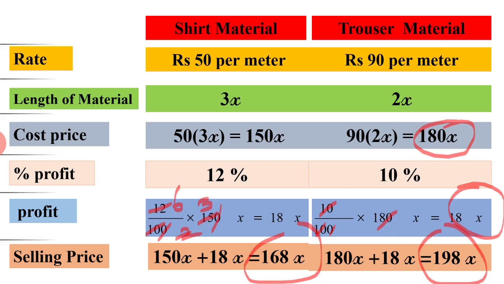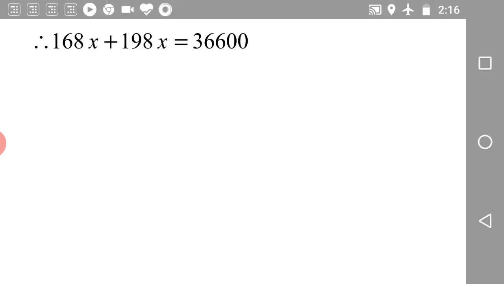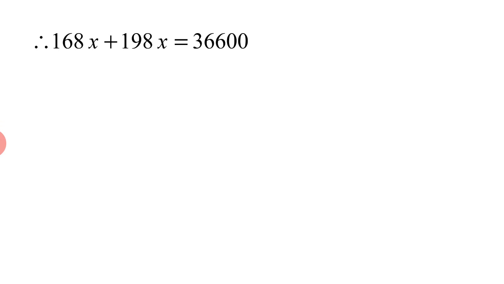Can we get the equation now? The equation will be 168x plus 198x is equal to 36,600. Sometimes to get the equation, we have to do a lot of work and calculations.